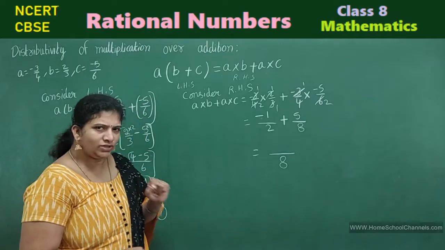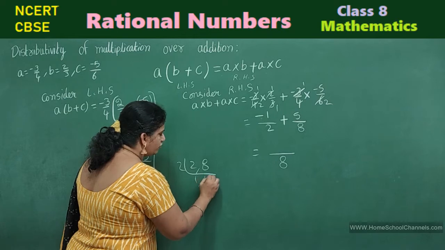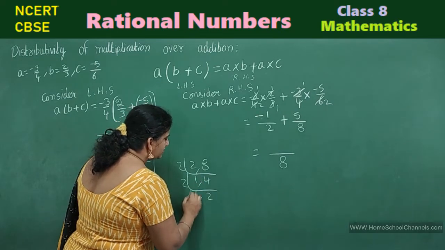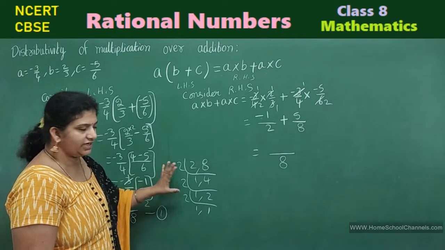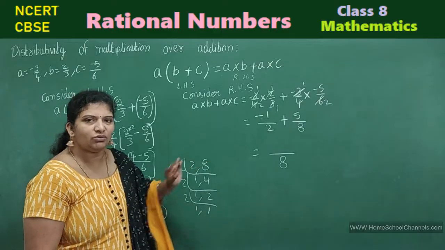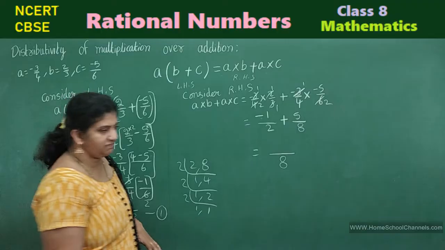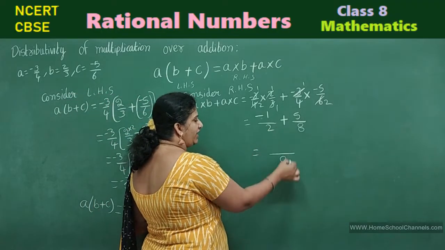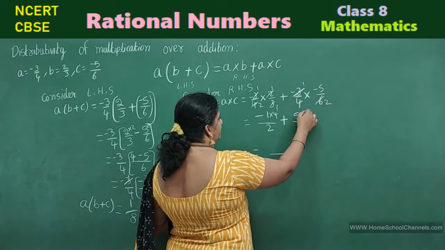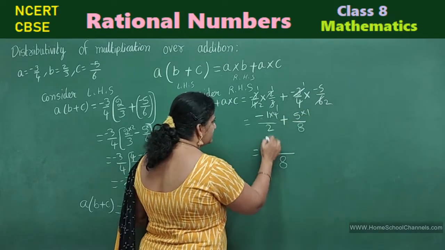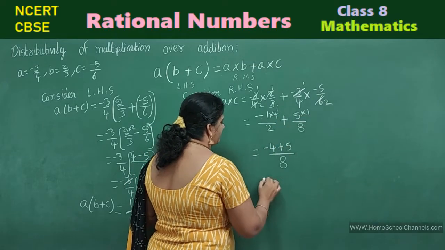I think you know how to do the LCM properly, right? 2 and 8: 2 ones, 2 fours, again 2 twos, then again ones. Now multiply these: 2 twos are 4, 4 twos are 8. This way we find the LCM, 8. Now the denominator: 2 fours are 8, so multiply 4 for the numerator, and 1 minus 4 ones are 4, plus 5 ones are 5.